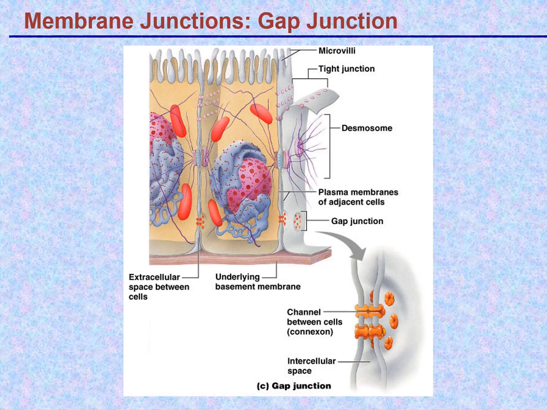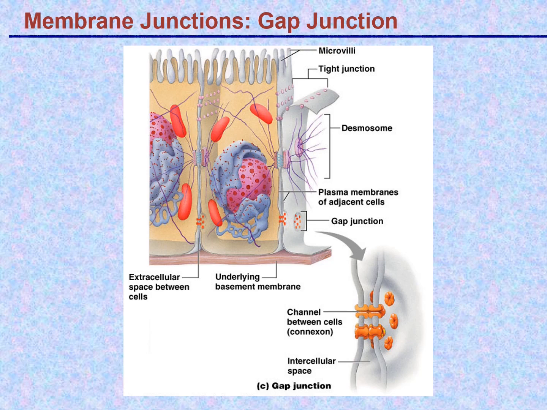Now there are gap junctions between many different types of cells that are adjacent to each other, but an extremely important area where you have gap junctions is in the heart, in heart muscle, because heart muscle cells have to communicate with each other so that they all contract together at the same time.